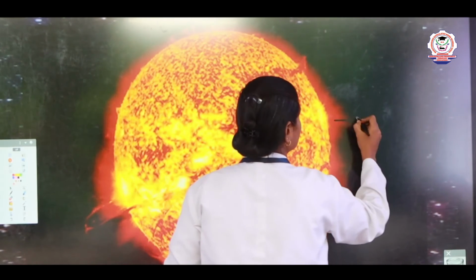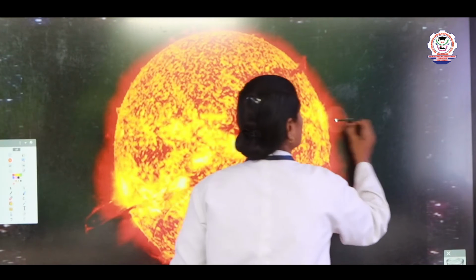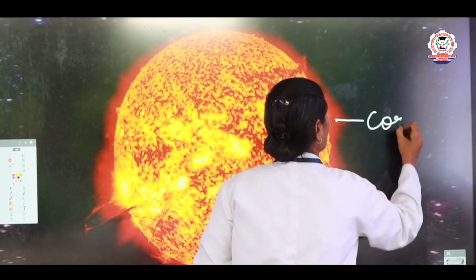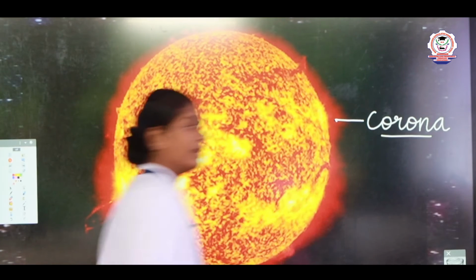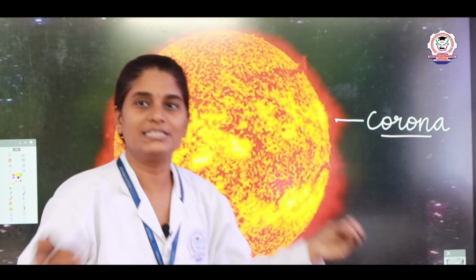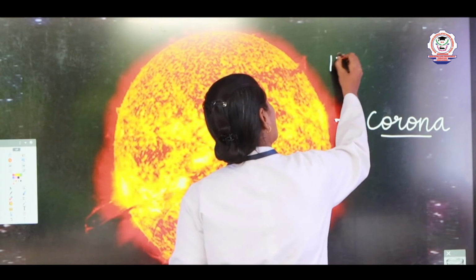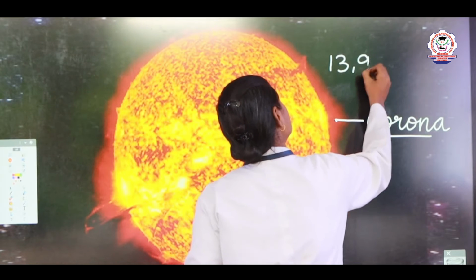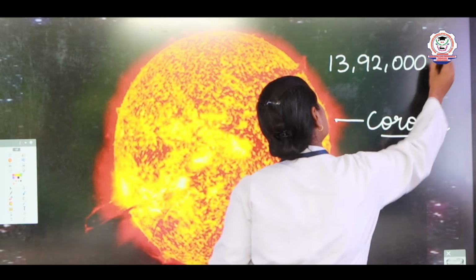This part is known as corona. And the diameter of the sun is about 13,92,000 kilometers.